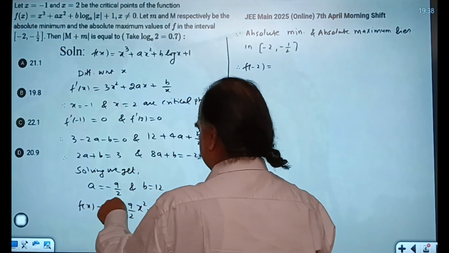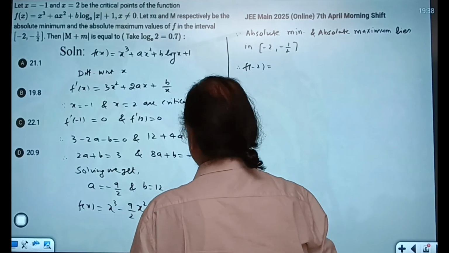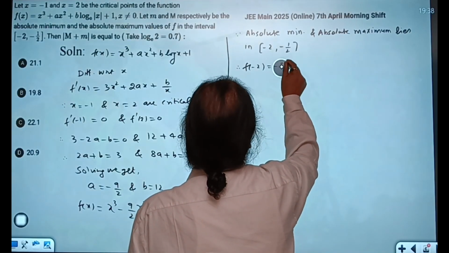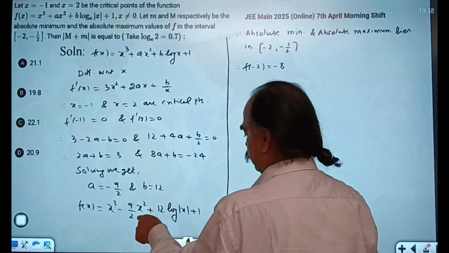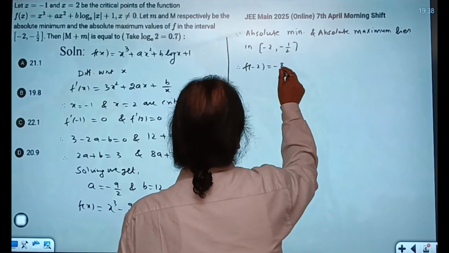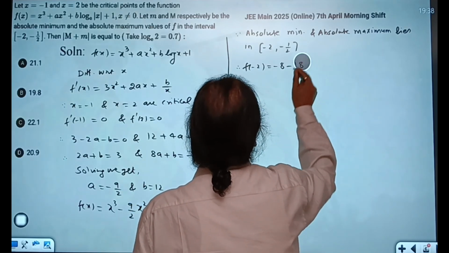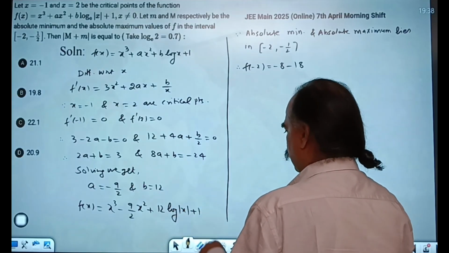Minus 8, minus 2 square will be 4, minus 18, plus 12 log 2.